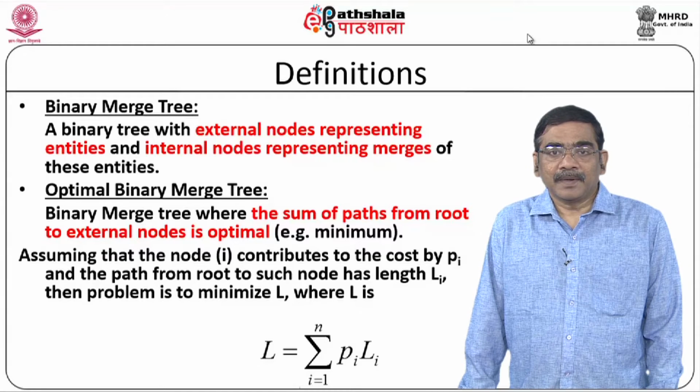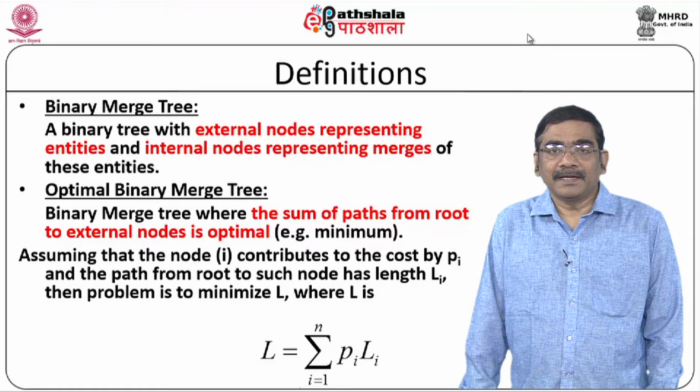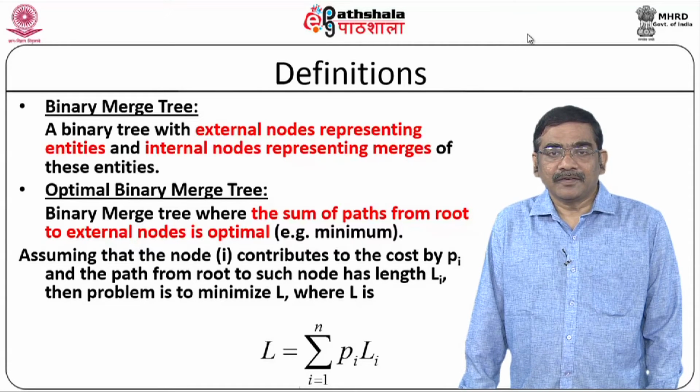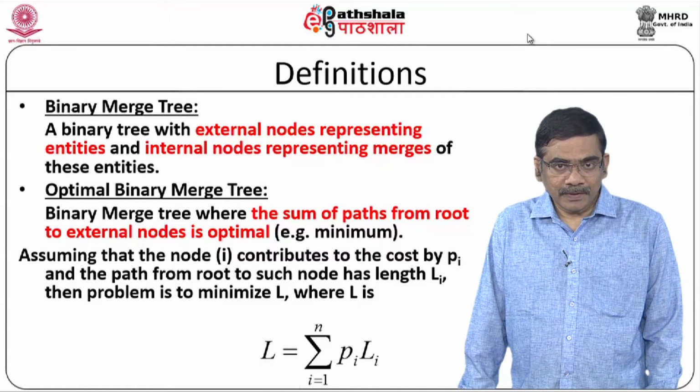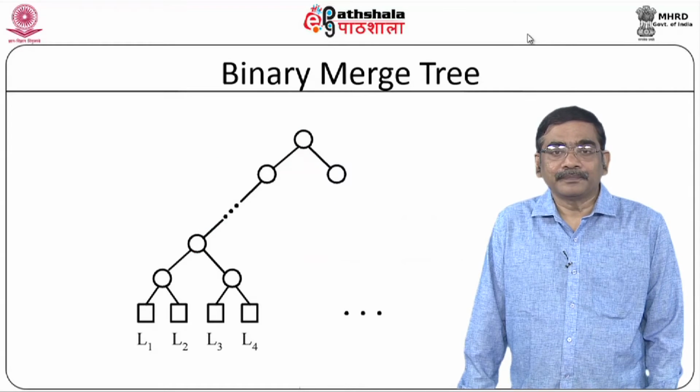Then the problem of optimal merge can be mathematically formulated as minimization of L, where L is the sum of the products of Pi and Li. As I just said, Pi represents the cost, which may be the length of the file, and Li is the path length from the root to the given entity. This is what we are going to minimize.